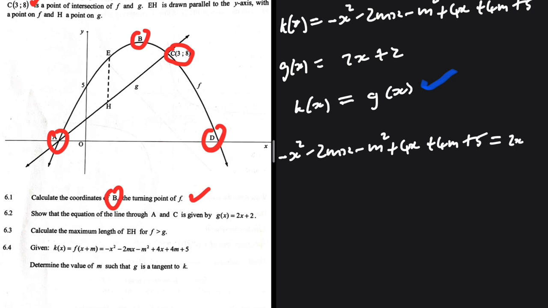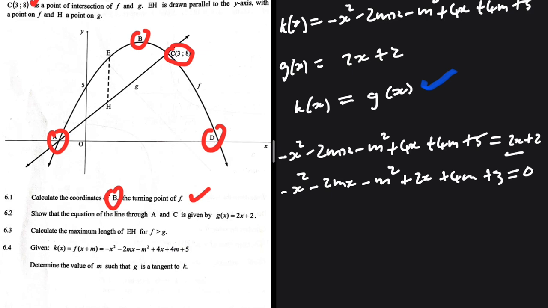So I'm going to take 2x to the left hand side, obviously. So I'm going to have minus x squared minus 2mx, and then minus m squared plus 4x minus 2x, that will be plus 2x, and then plus 4m plus 5 minus 2 plus 3. This is equal to 0 when we take that to that side.